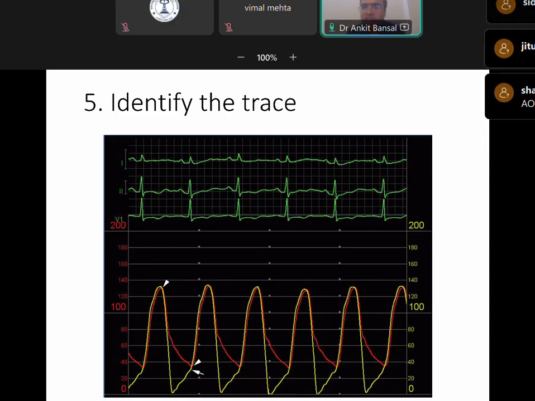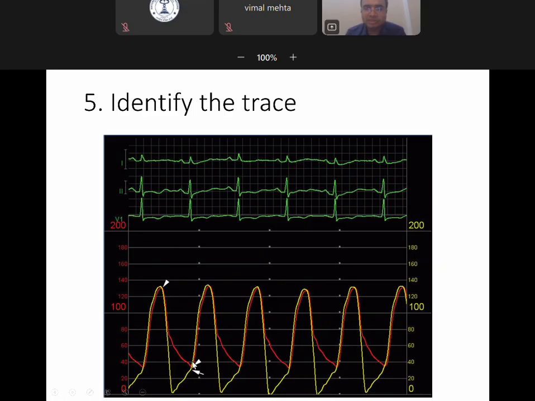Shanti has given the correct answer: it is the equalization of the LV diastolic pressure. If we draw a line from the peak of the R wave, it will cross here. So it is a near equalization of the LV and aortic diastolic pressures. That is the most conspicuous finding of this trace.